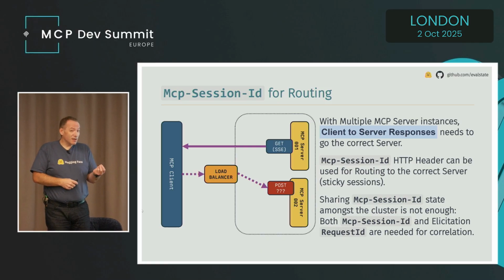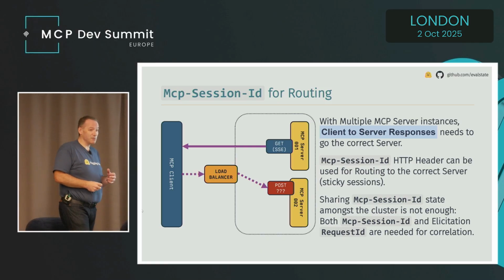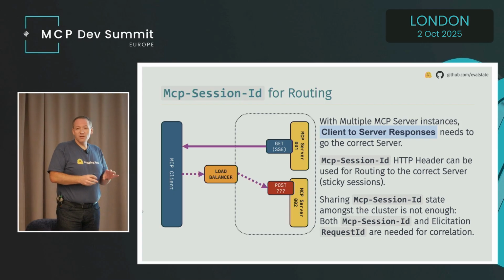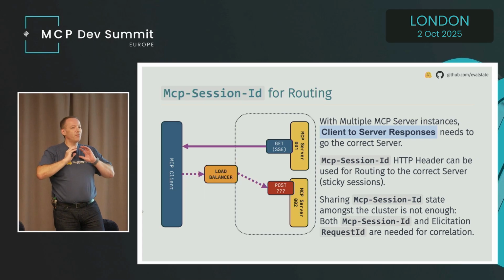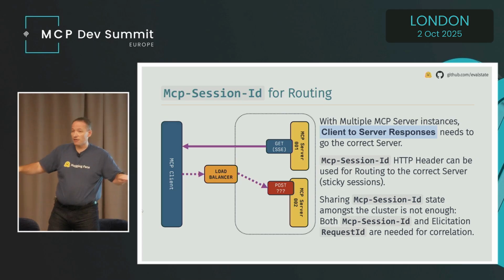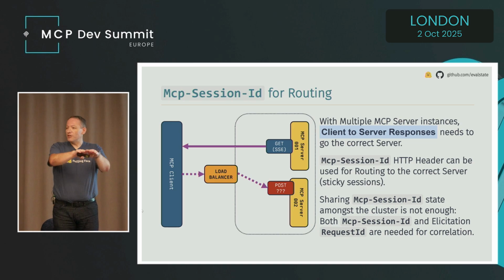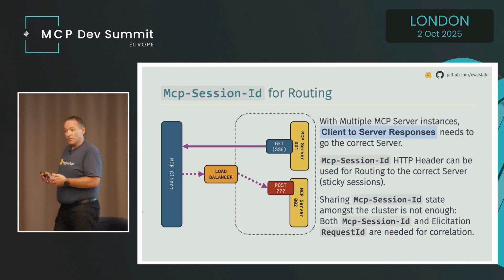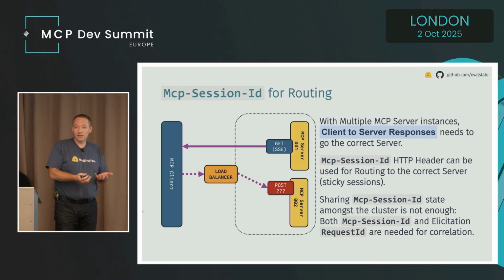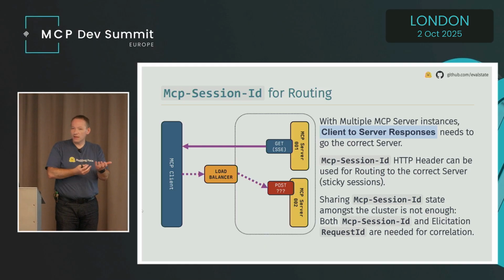There's a slightly more subtle and potentially more serious issue than that as well, which is that because the SDK by default monotonically assigns request IDs, even if I've distributed my MCP session state, if I haven't also managed my JSON RPC request and response IDs, I could end up sending a response to a server and not correctly associating it because the JSON RPC IDs themselves weren't properly unique across the cluster.